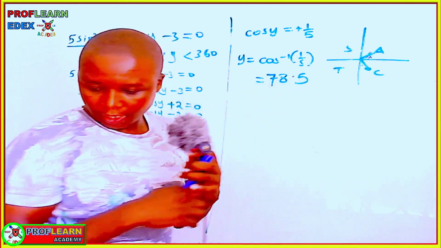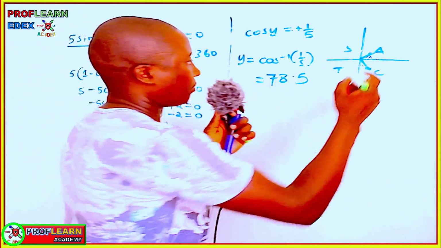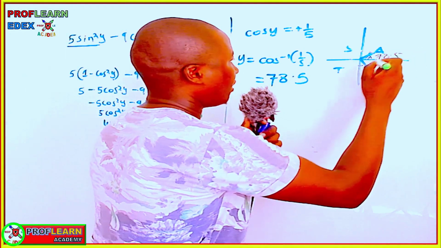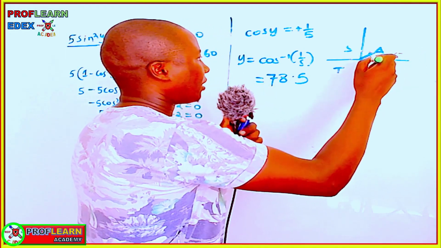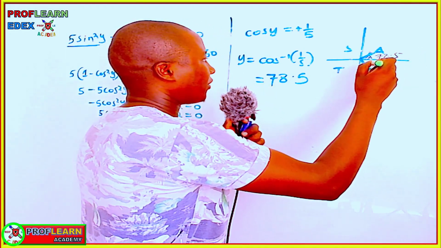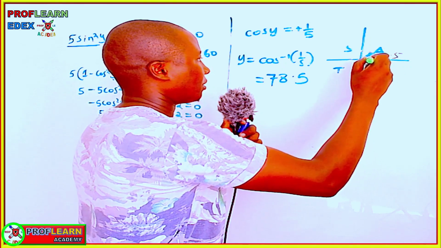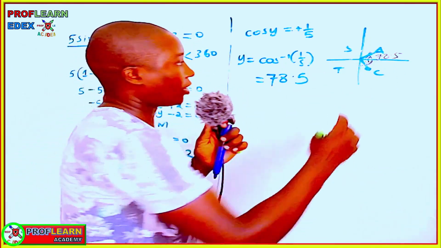So that is the angle that we have at this given point, 78.5. If the top one is 78.5, then this lower angle here will also be 78.5.